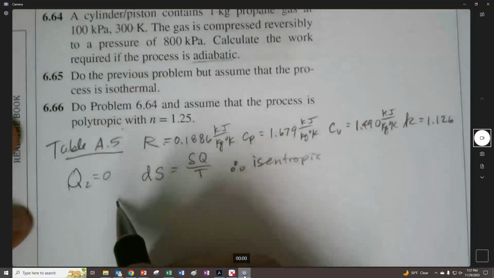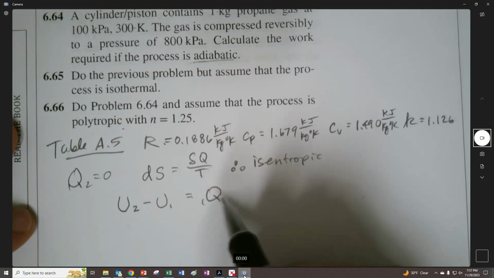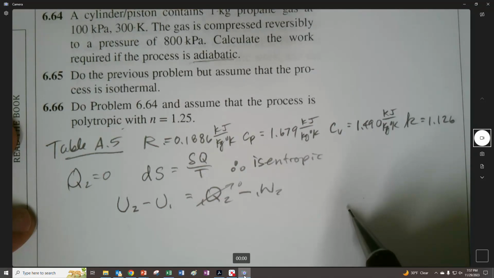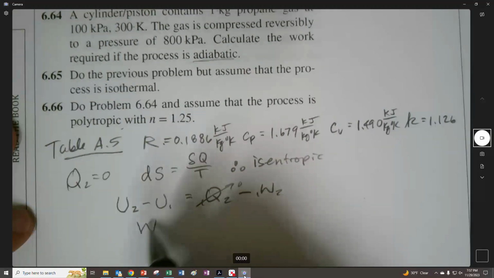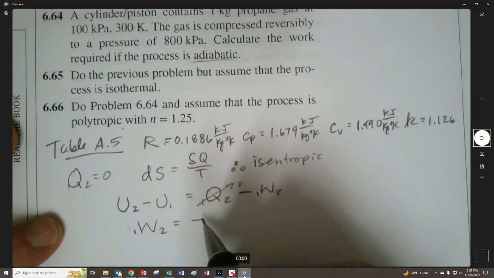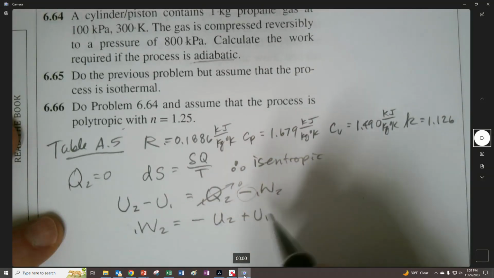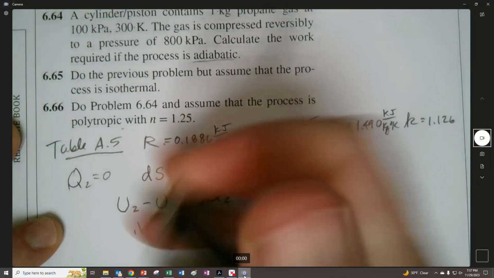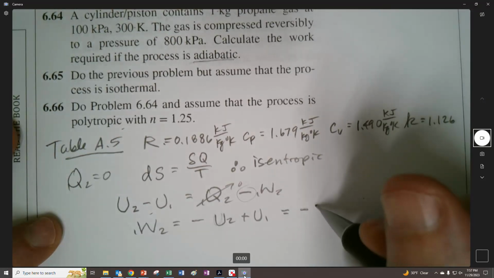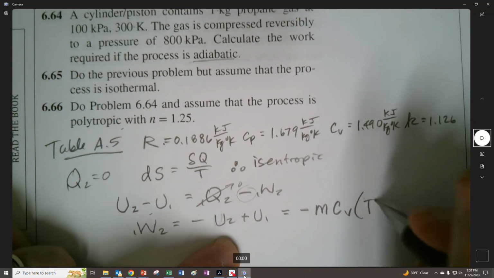So let's use isentropic. We know that U2 minus U1 is equal to Q 1 to 2 minus work 1 to 2, but it's isentropic right here. So we could find what the work is going to be, negative U2 plus U1, which is mCv (T2 minus T1).